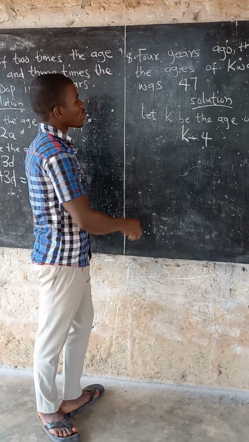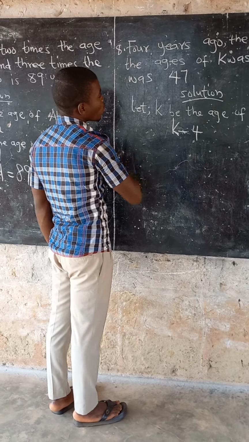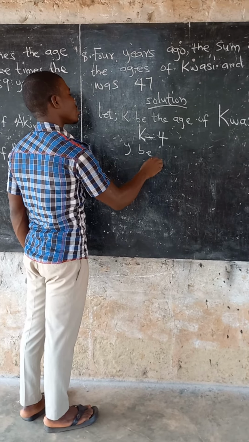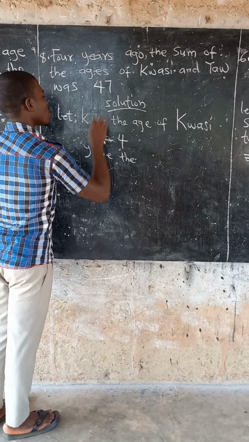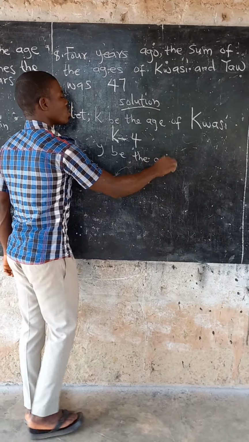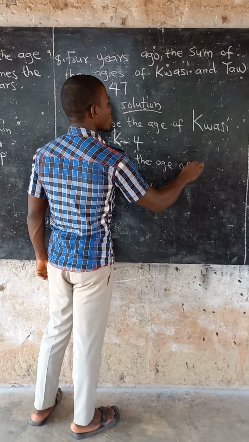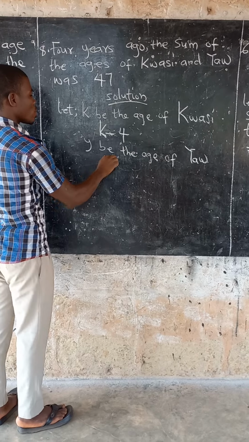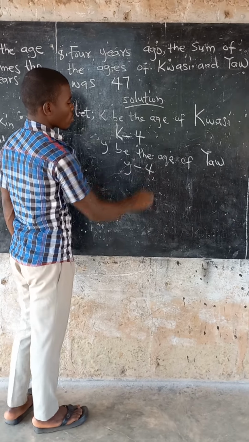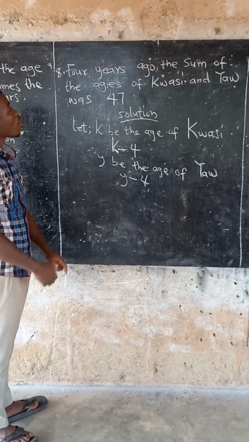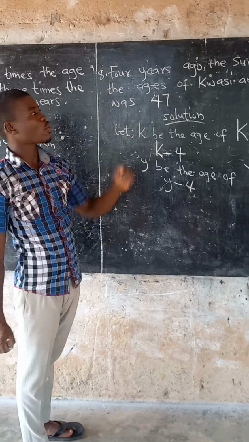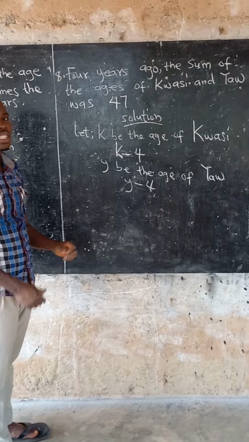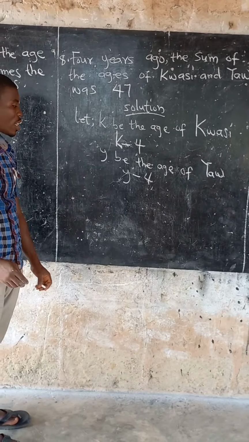The age. And also Y be the age of Yao. That one is going to be Y minus 4. But look at something. The sum, when you put them together, it was 47. That was 4 years ago.